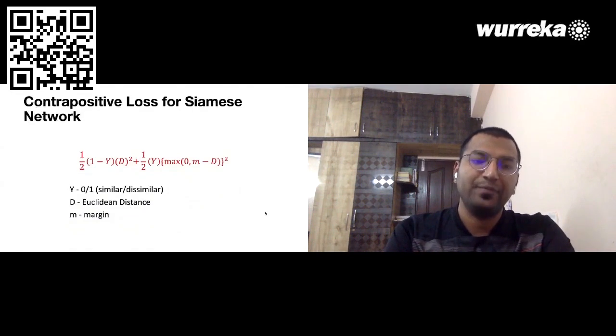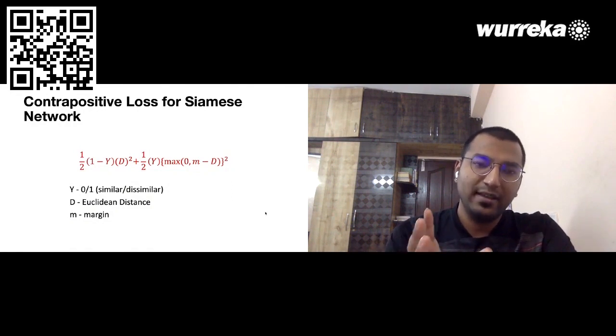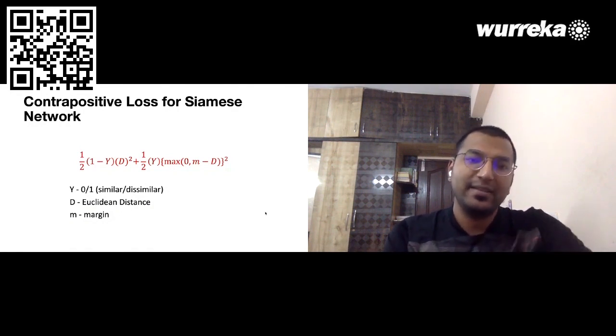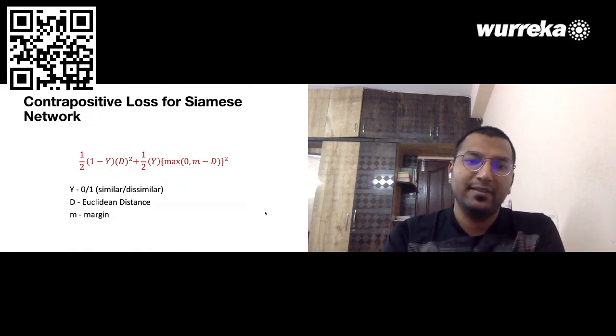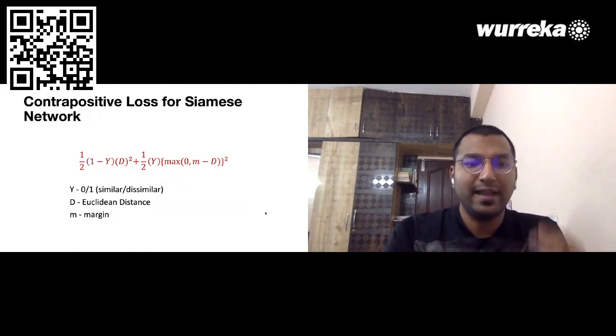For training, we use a pair of images as a single training example, but for a CNN, we use individual images as the training examples. That is the difference.